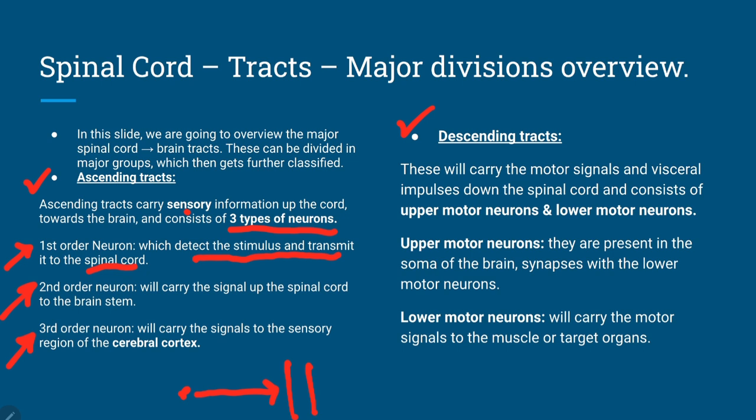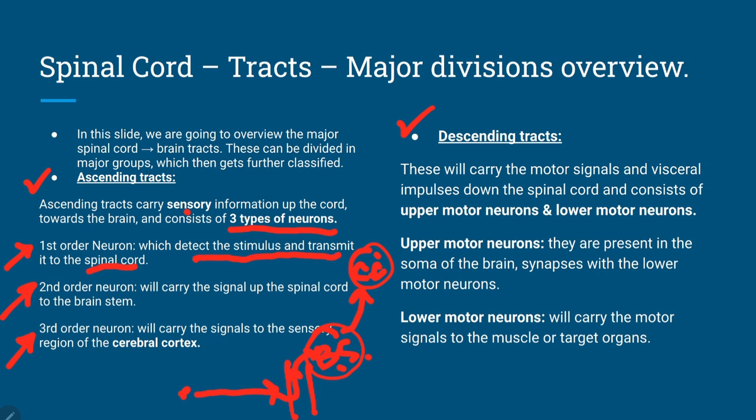The second order neuron will carry the signal up from the spinal cord to the brainstem. From the brainstem, the third order neuron will take it to the cerebral cortex. That's what it will do.